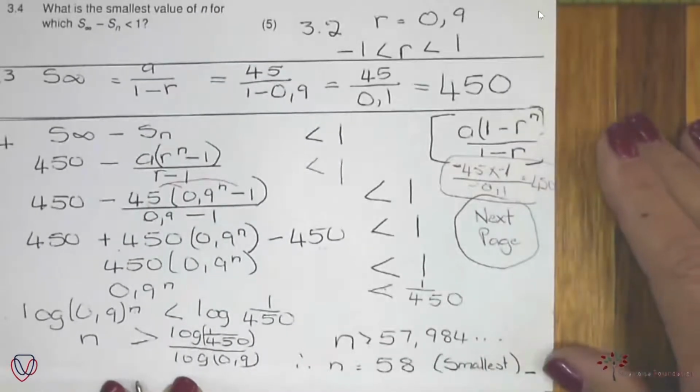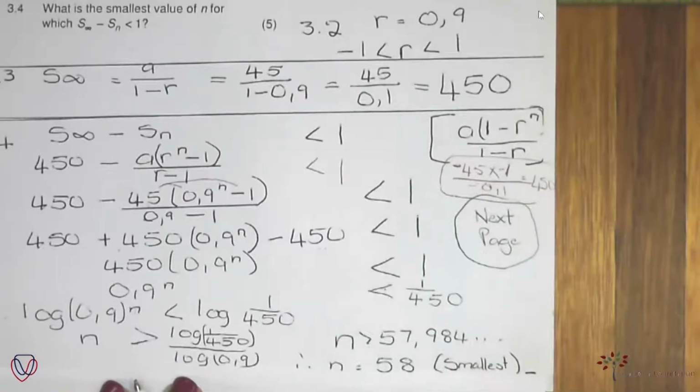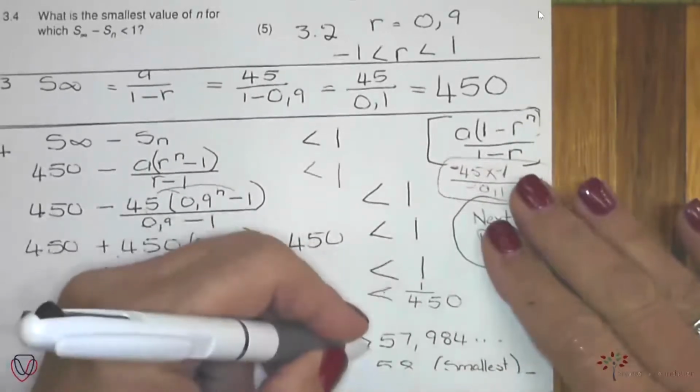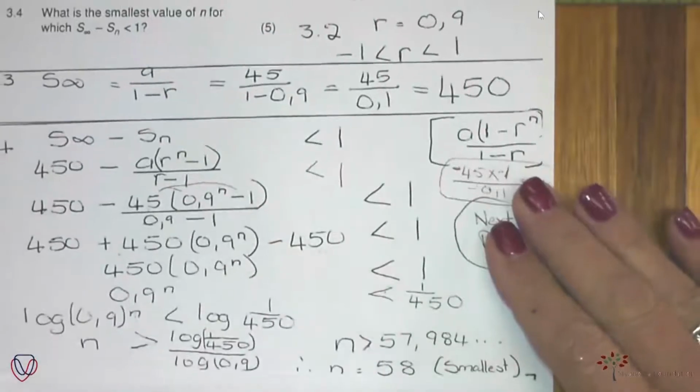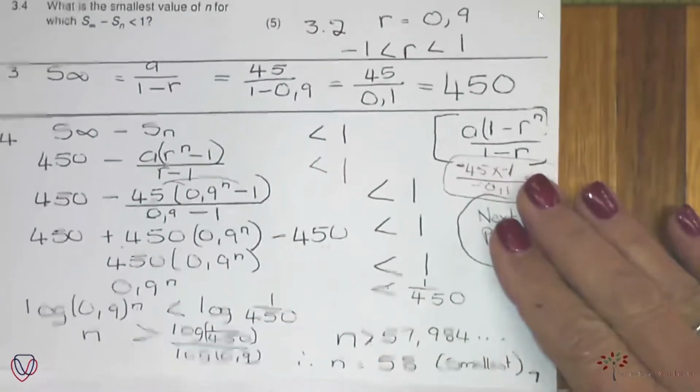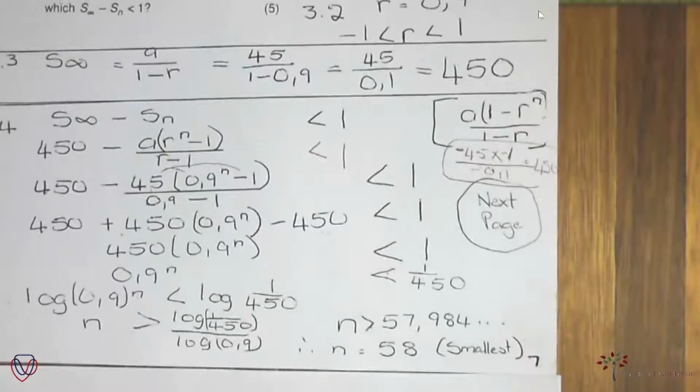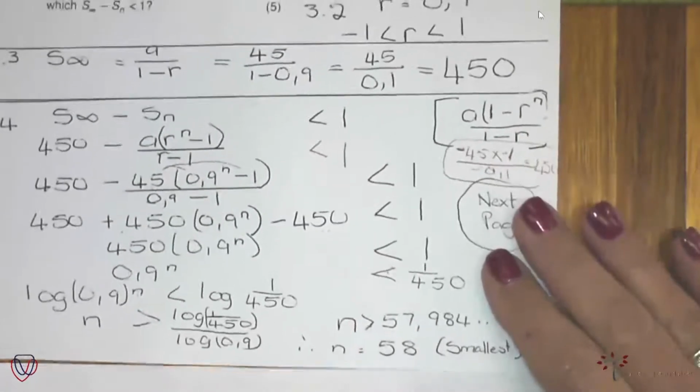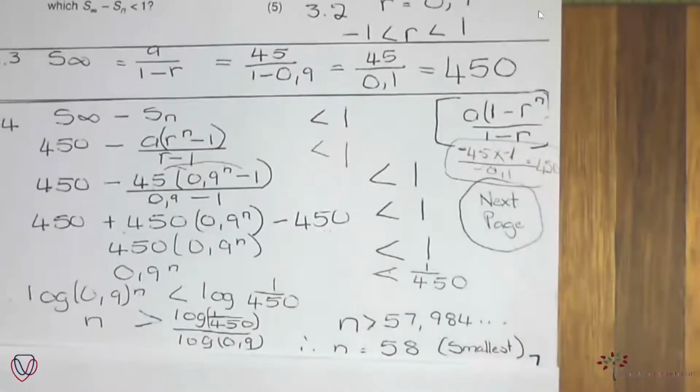It's going to be 58. It cannot be 57 because there's a larger than there. Okay, so the next one after 57,9 is 58. People, a very difficult sum for you. Make sure you can do it. Okay, let's go to the next one.